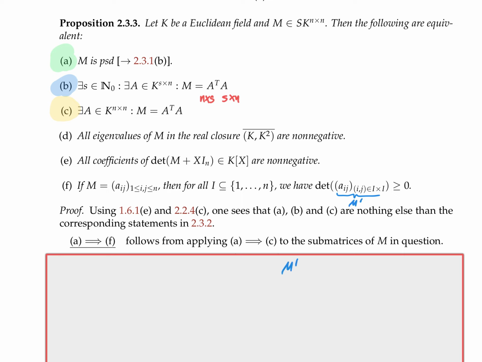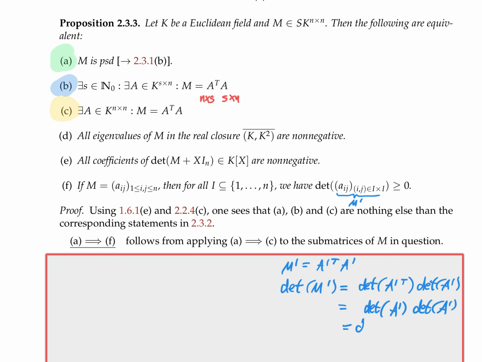We have M prime equals A prime transposed A prime, where A prime is a quadratic matrix of the right size, and the determinant of M prime is the determinant of A prime transpose times the determinant of A prime, because the determinant is multiplicative. But the determinant of a transposed matrix is the determinant itself.